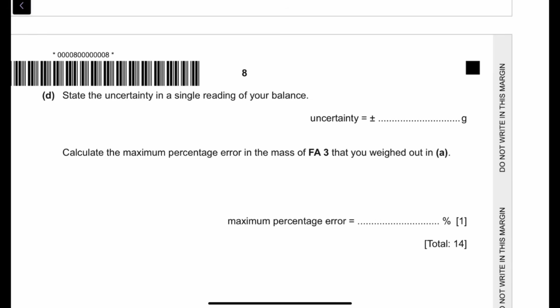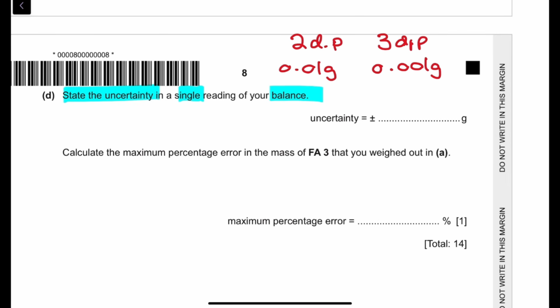Part D asks us to state the uncertainty in a single reading of our balance. If your balance reads to 2 decimal places, then it reads to the nearest 0.01 grams. If it reads to 3 decimal places, then it must read to the nearest 0.001 grams.